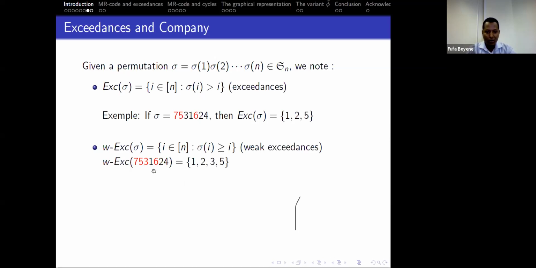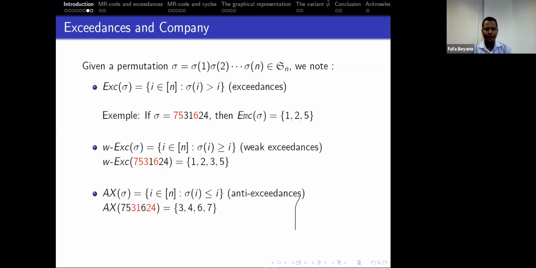In the very same permutation, you have the set of weak exceedances containing 1, 2, 3, and 5, because in addition to exceedances, 3 is a position of weak exceedance as it is a fixed point. So weak exceedance includes exceedances and fixed points.